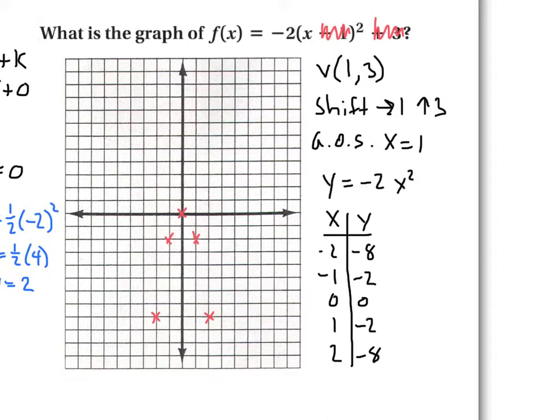There's the outline of our parabola, but we have to shift that. Each one of those little points gets shifted right 1, up 3. Then we can draw our parabola.